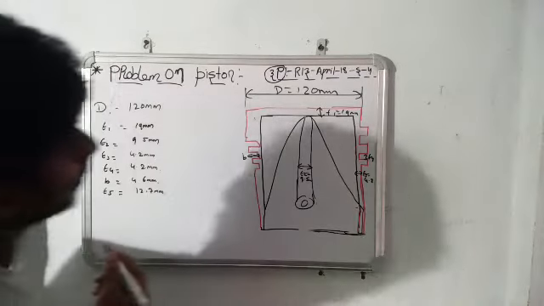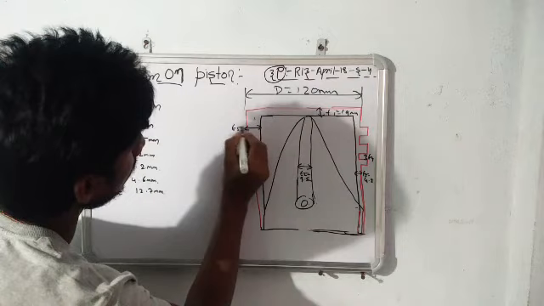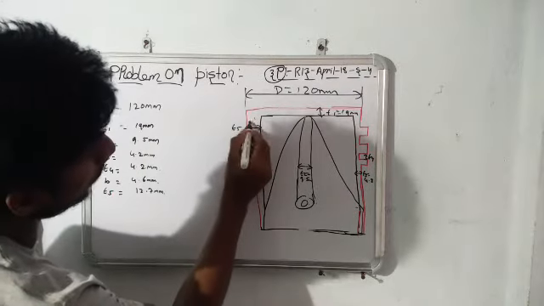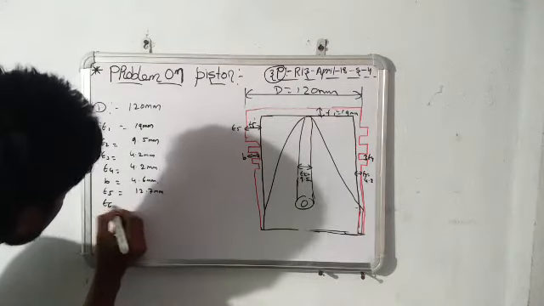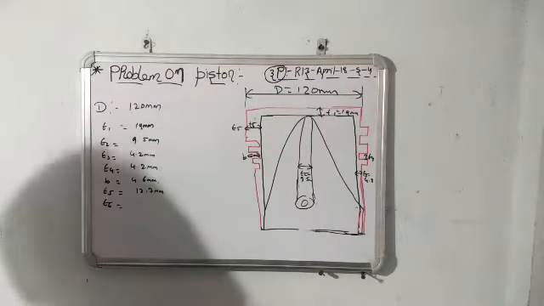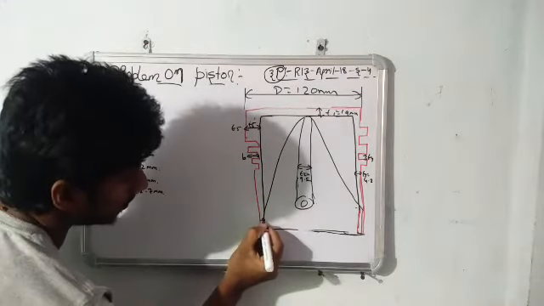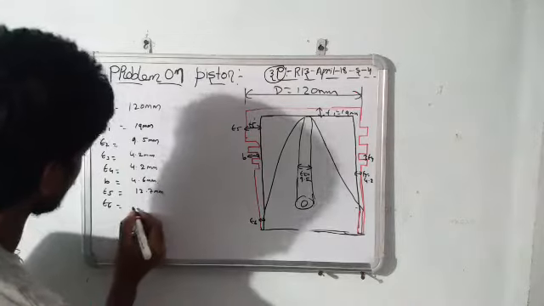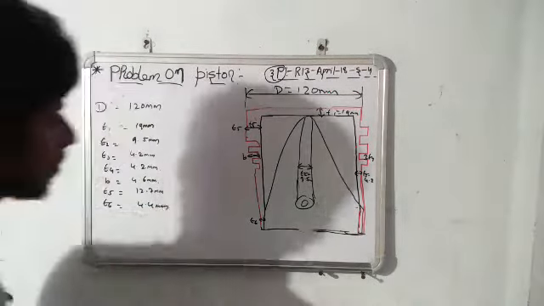What is T5 here? It is the thickness of barrel at top land. And T6 is the thickness of barrel at the open end. We get T6 as 4.4 mm.